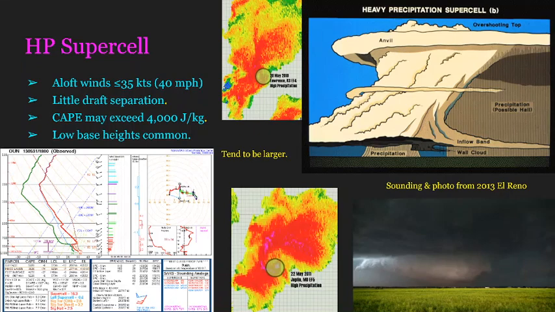But when you have little draft separation, that can actually benefit the storm, because the downdraft is pushing all the rain down and the updraft is pushing all that rain up. So you're going to have your hail, you're going to have a lot of rain. High precip cells. This is high precip. I expect a lot of precipitation. I expect the rain.